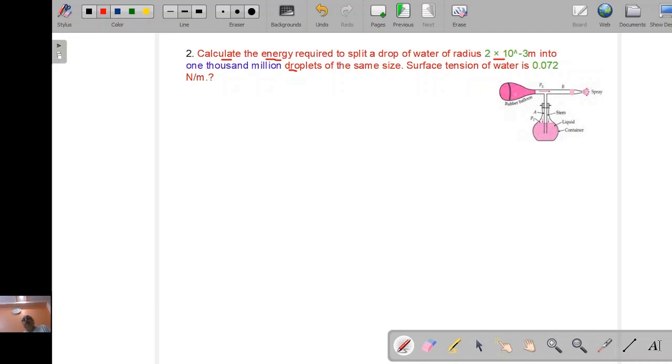The surface tension of water is given as 0.072 Newton per meter.